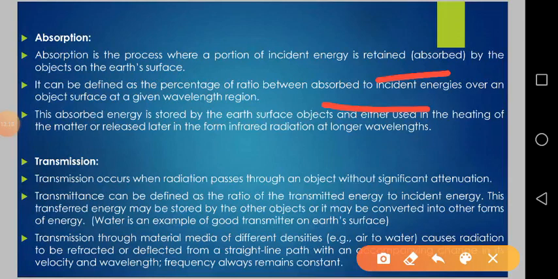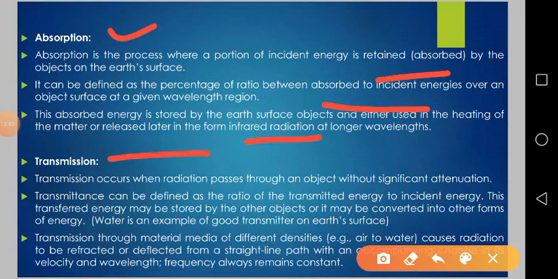This absorbed energy, stored by the Earth's surface objects, is utilized in heating the matter or increasing the temperature of that particular body, or it may be released later in the form of infrared radiation at longer wavelengths. So this is regarding absorption.